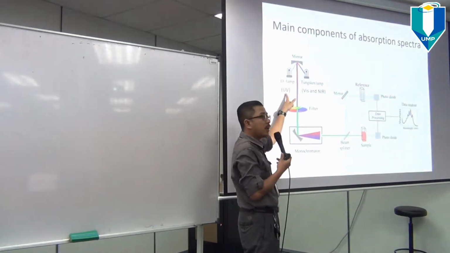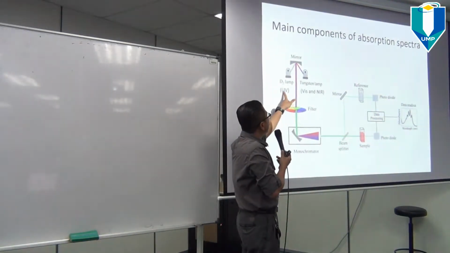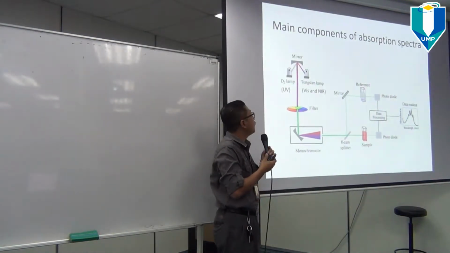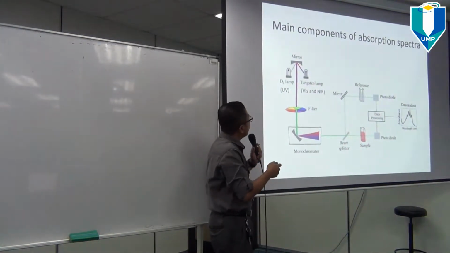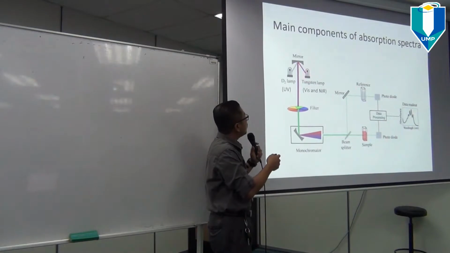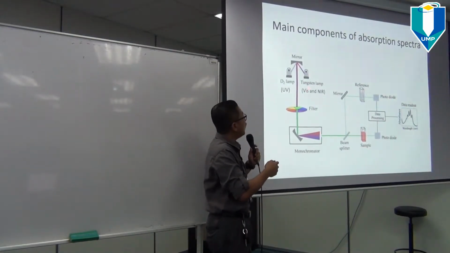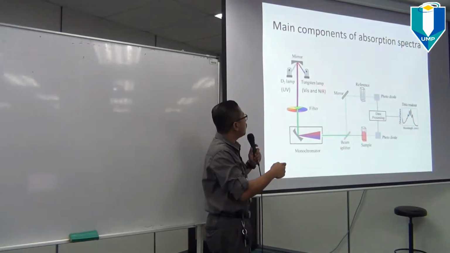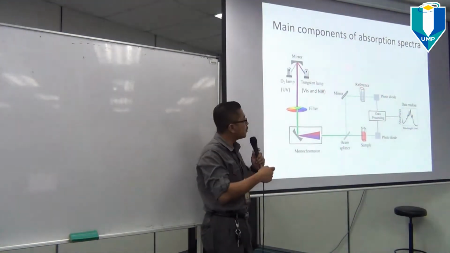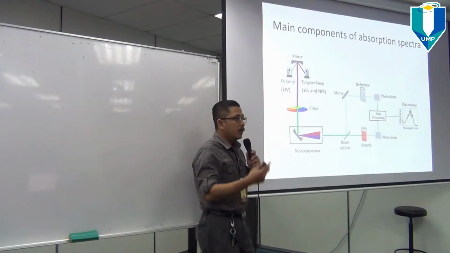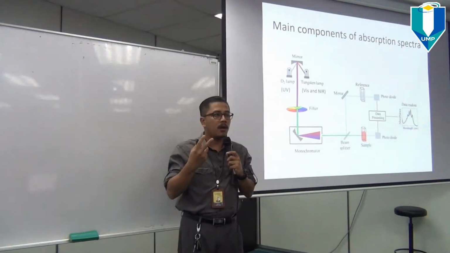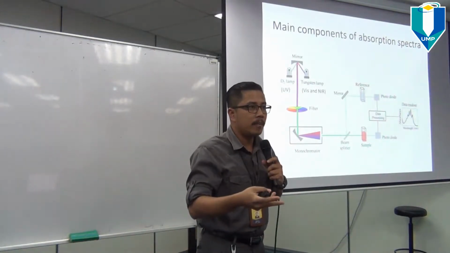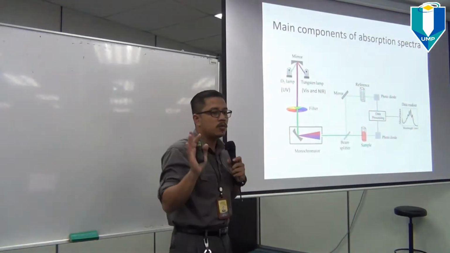For the first region, the ultraviolet, we need to use a deuterium lamp, D2 lamp, and we need one more type of lamp, which is the tungsten lamp, which could produce light in the visible range from red until violet, and also the near infrared. So usually we use a combination of two lamps, and it can be switched automatically by the instrument. We don't need to switch them manually.